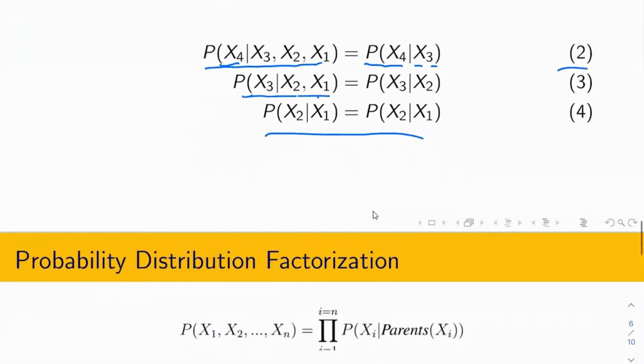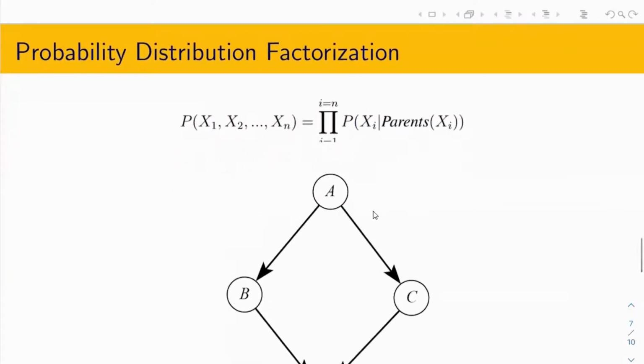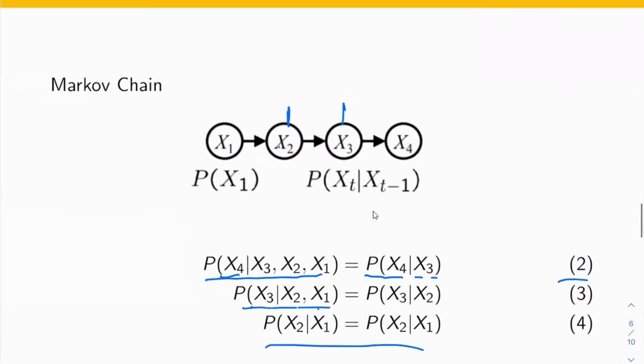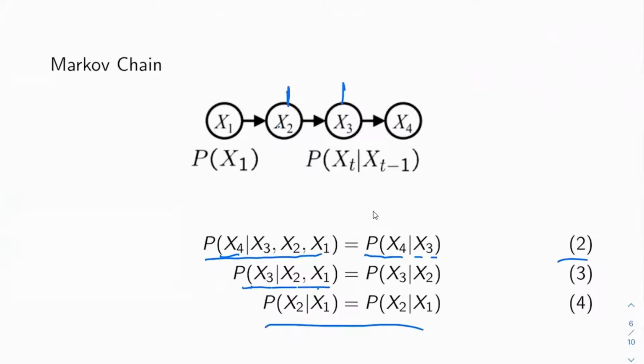All right, so there's a very famous theorem here, that the joint distribution of all the variables is nothing but the product of these conditional probabilities, where this xi is a node and this is xi conditioned on the parents of xi. So if you look at here, for example, here we have x4, x3, x2, x1.